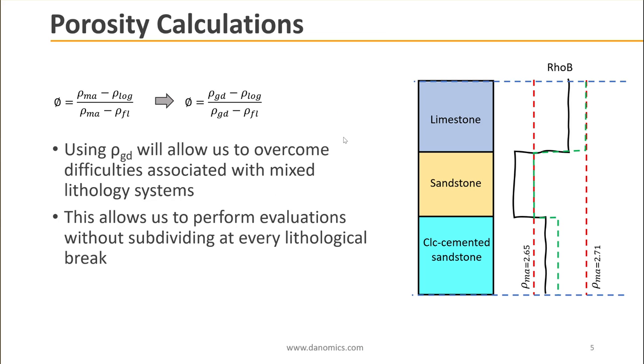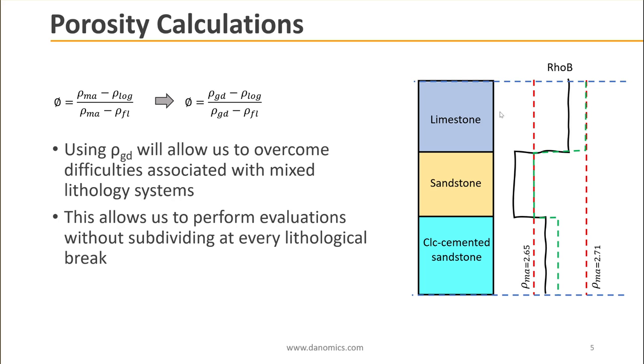Okay, so just a quick example to highlight why we want to do this, and where we can be led astray if we try just to use a parameter for a zone, a fixed parameter, instead of using a mineral inversion based grain density. So let's imagine we have a top and base of a zone, and within that zone we have a limestone, a sandstone, a calcite cemented sandstone.